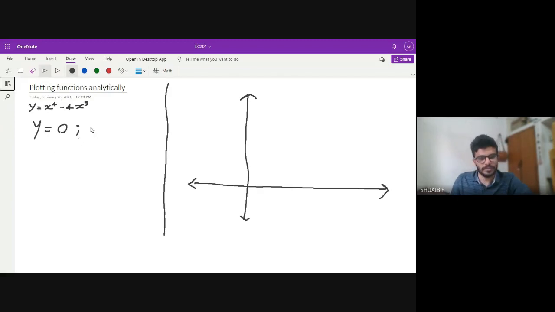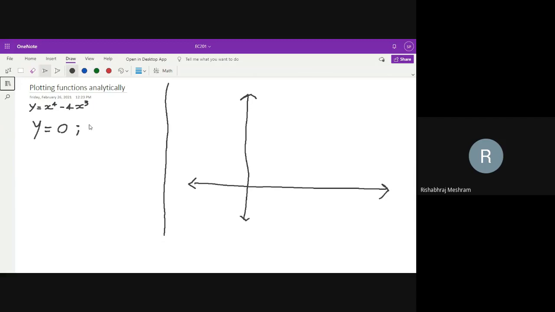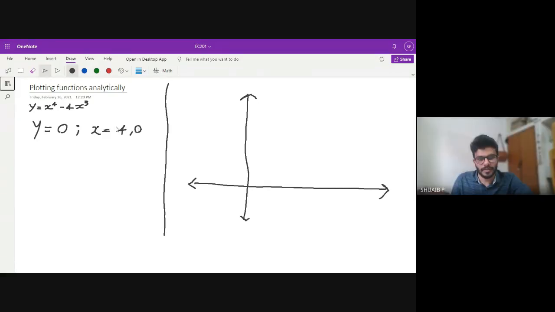So x would be 0 and x cubed would be 0, or x would be 4 and x cubed would be 0. So 4, 0 would be one root, and 0, 0 will be another root. 0, 0 will be the trivial root, isn't it?